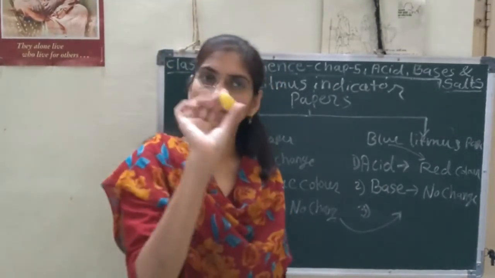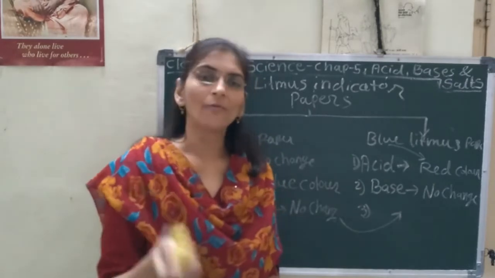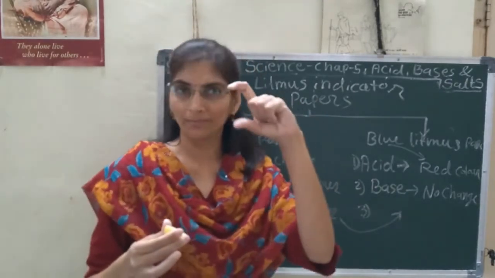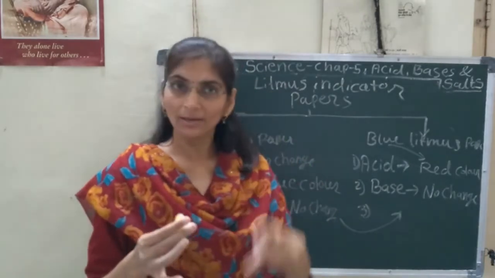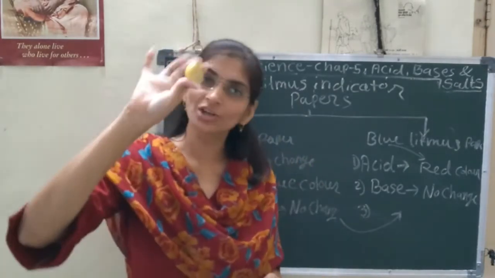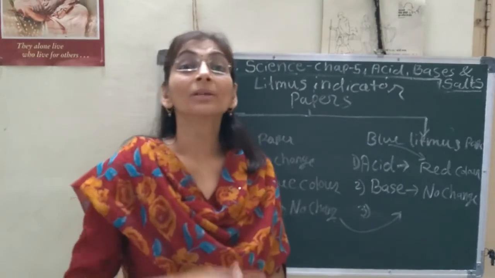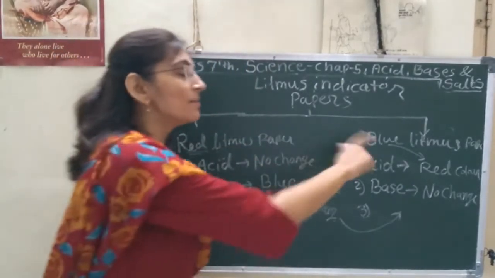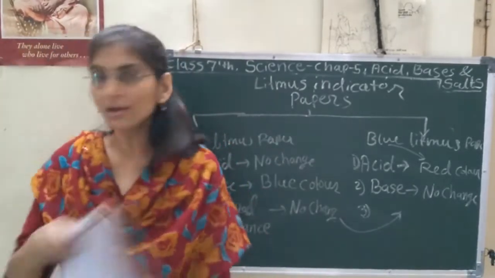Suppose this is lemon. We have to squeeze that lemon in one container or beaker and make a dilute solution of that lemon juice, and we have to take red litmus paper and blue litmus paper as shown in your textbook.